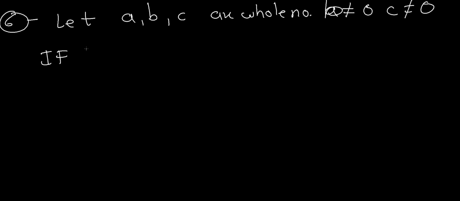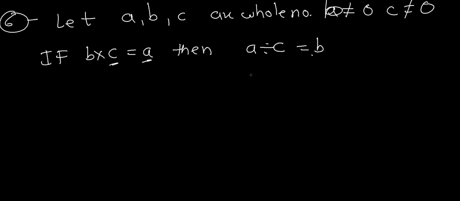Then if B into C equals A, then A divided by C equals B and A divided by B equals C. This is the property.